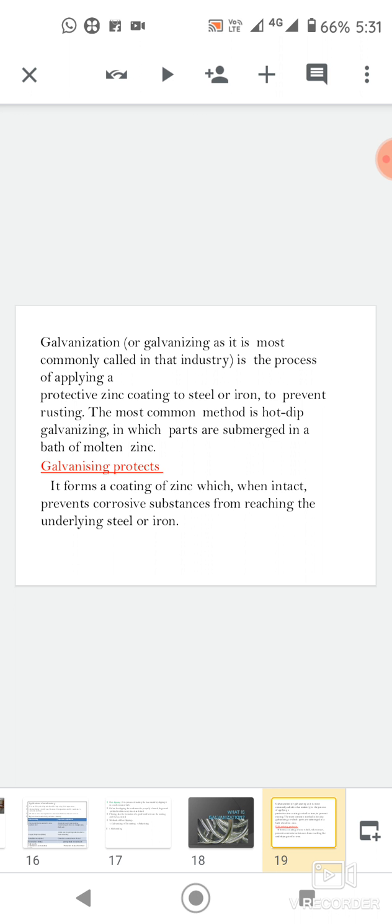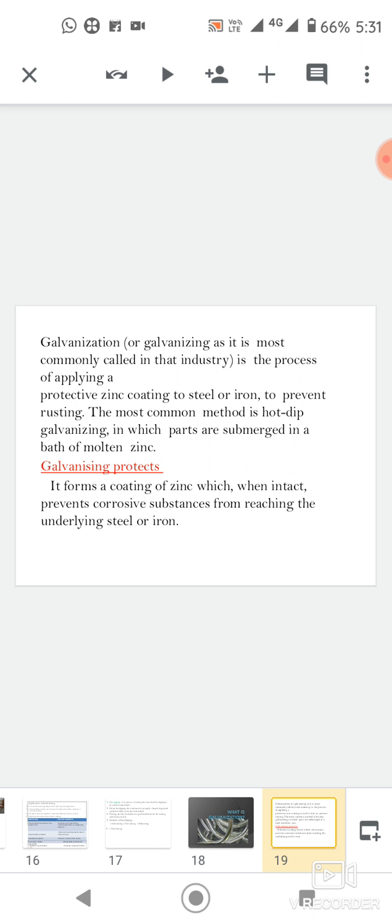At higher temperature, diffusion rate is high, and long time in molten zinc increases the hardness and brittleness of the coating layer and causes subsequent difficulty in bending and forming of the final product.